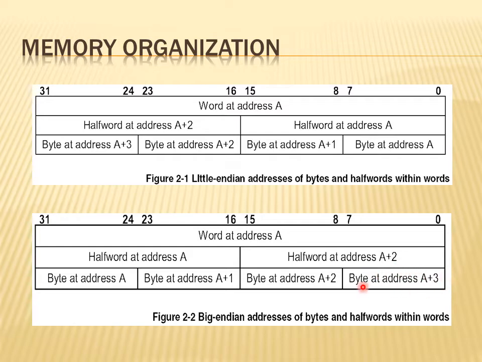The fourth byte, A+3, is available at the LSB side at address 0. So it is exactly opposite to the earlier one. This is called a big endian addressing mechanism. But remember that the ARM7 architecture supports the little endian addressing mechanism. Just remember this much.